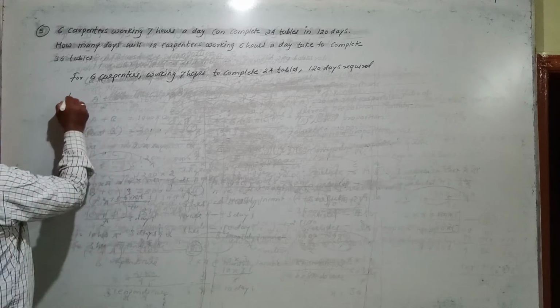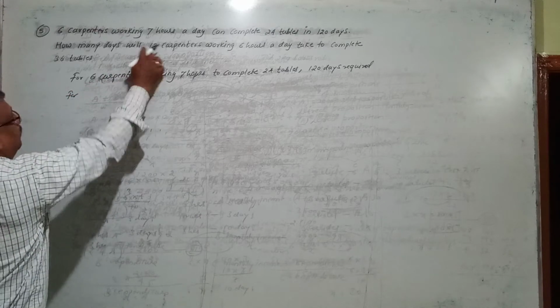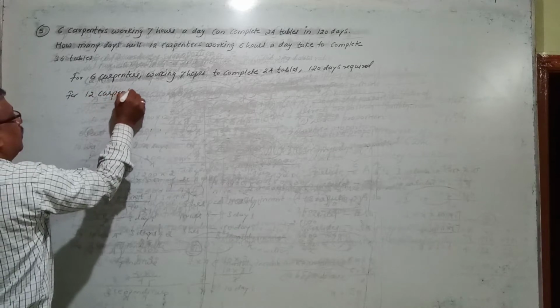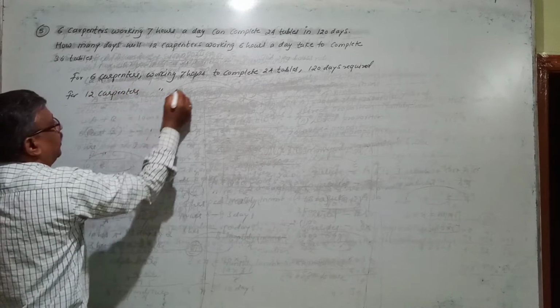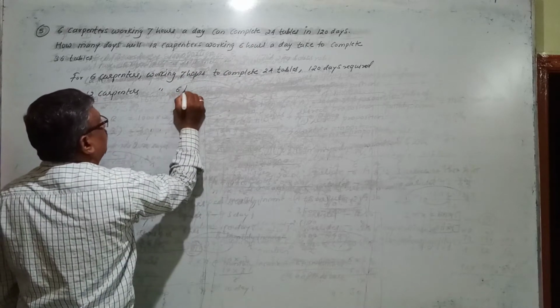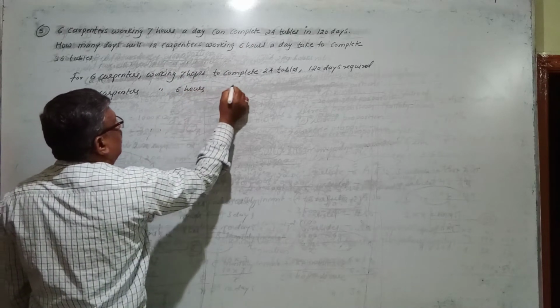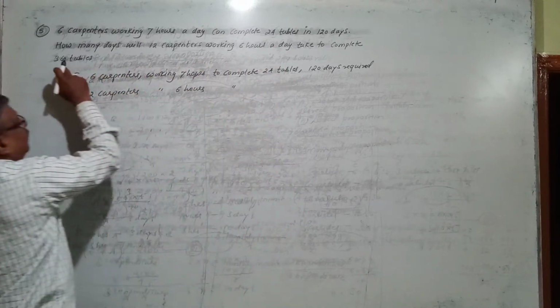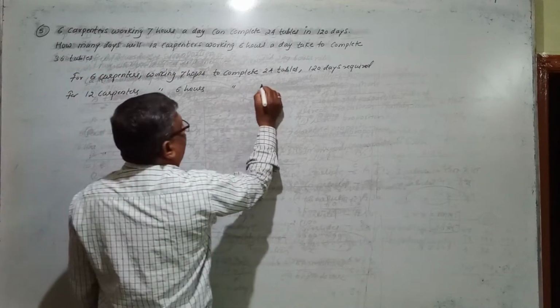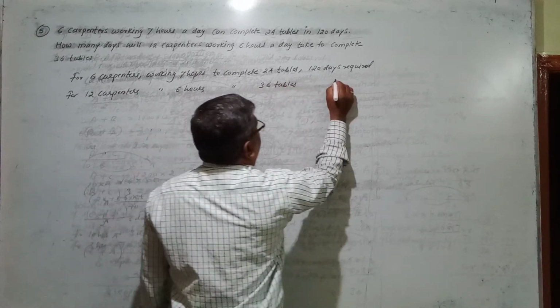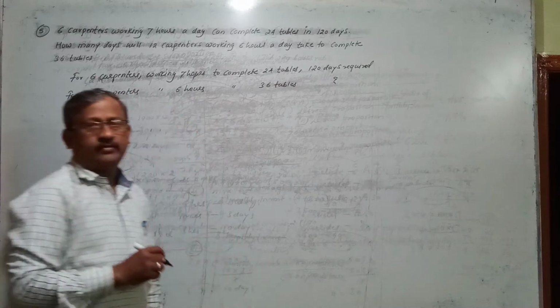And we have to calculate for how many carpenters? For these 12 carpenters. For 12 carpenters working how many hours have they said? Working 6 hours to complete 36 tables, how many days are required?